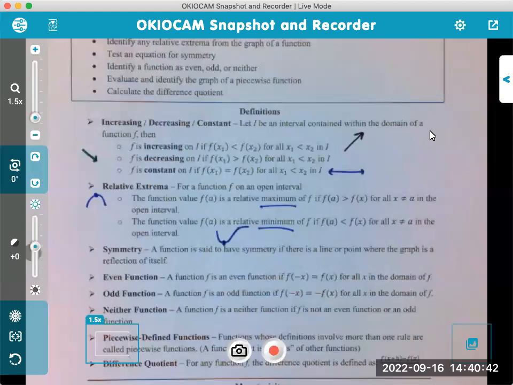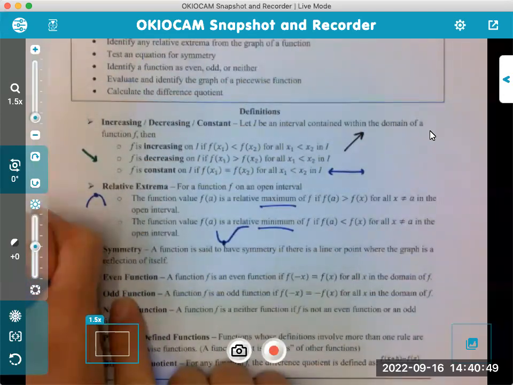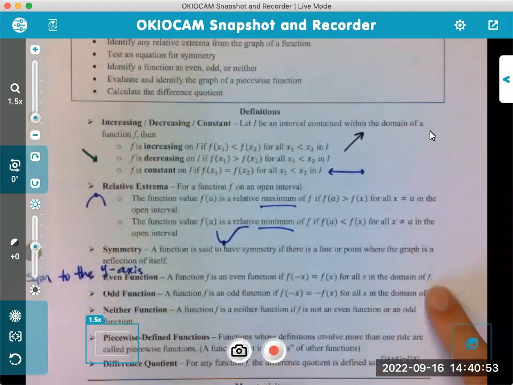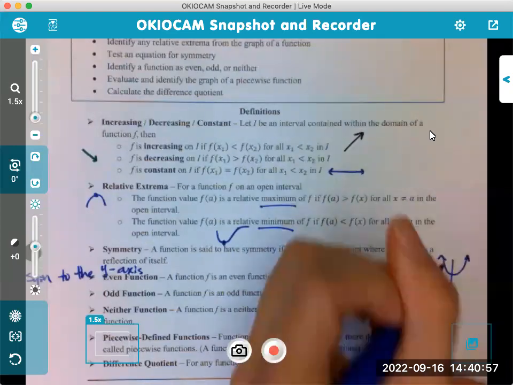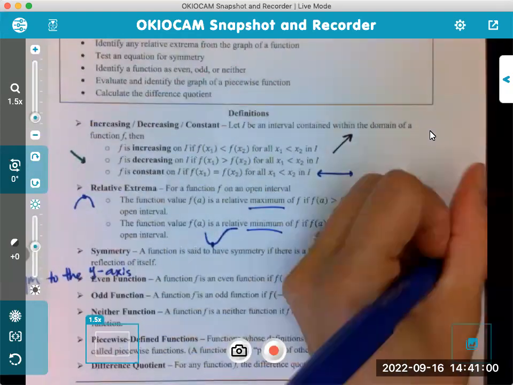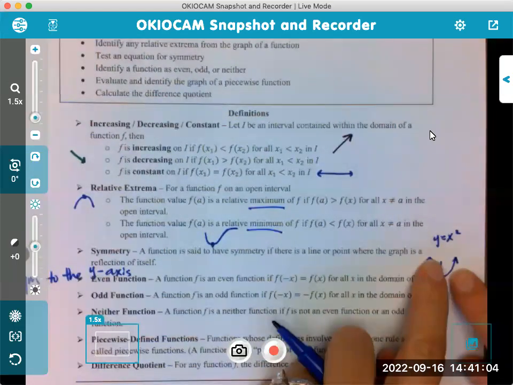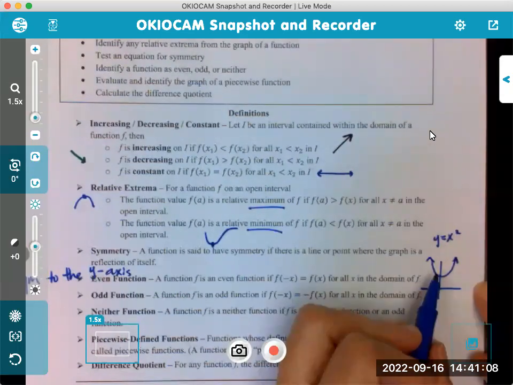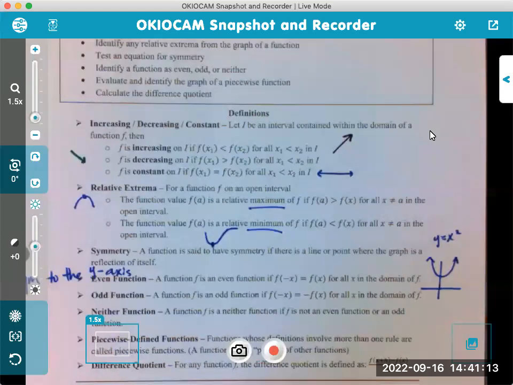But also in that same line of thought, an even function is symmetric to the y-axis. We'll talk about it later, but the quintessential even function is y equals x squared. So if I could fold along the y-axis here, we would see that the branches would lie on top of each other.